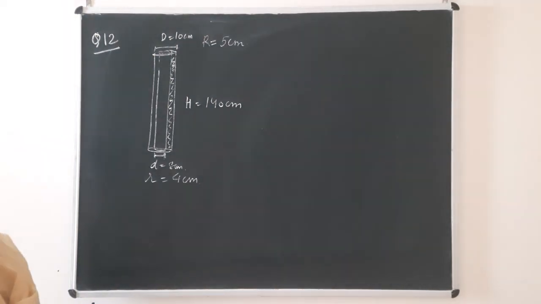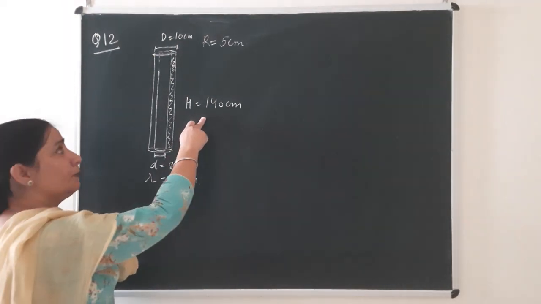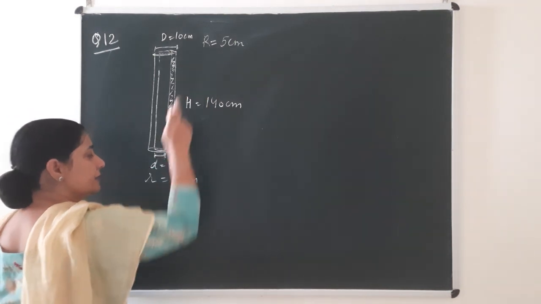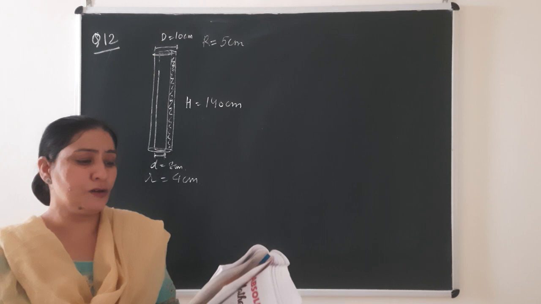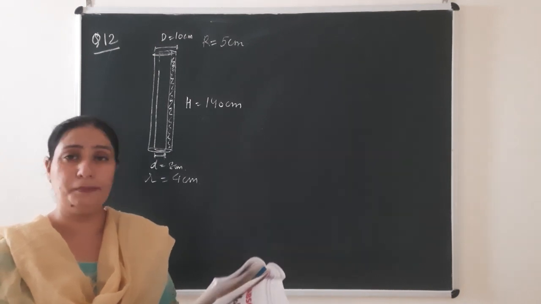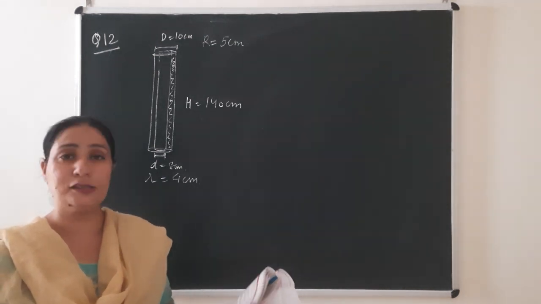So I have got three things now, beta. I have got the height of the pipe, I have got the external radius, and I have got the internal radius. Now what do I need to find? First of all he is asking you the volume, but first we will find the thickness of the pipe.